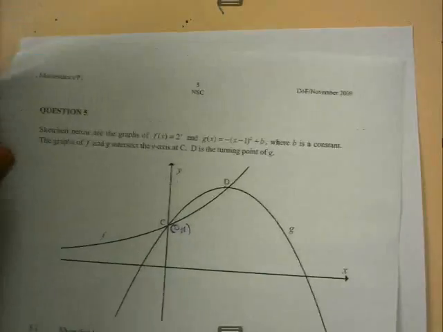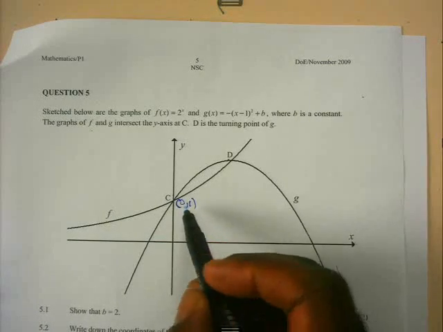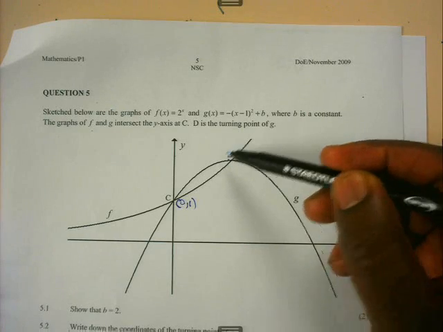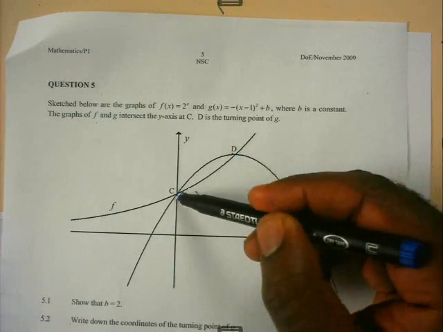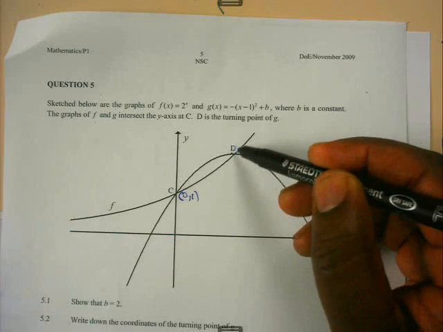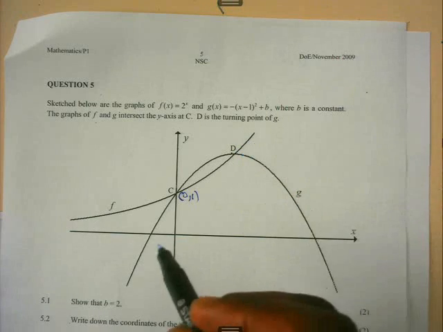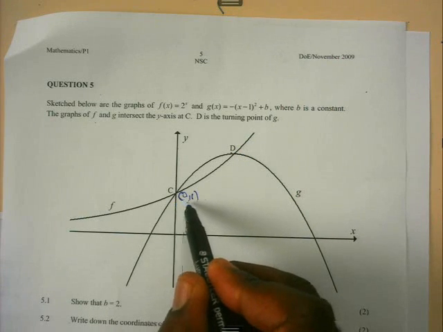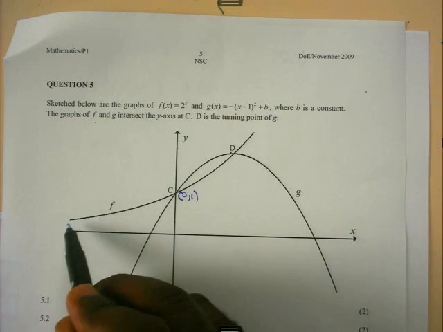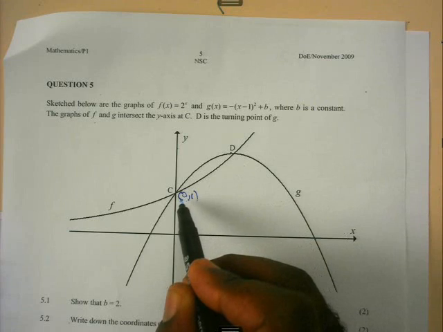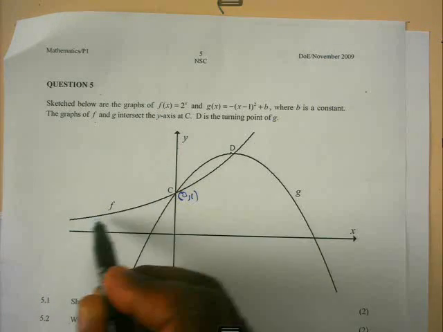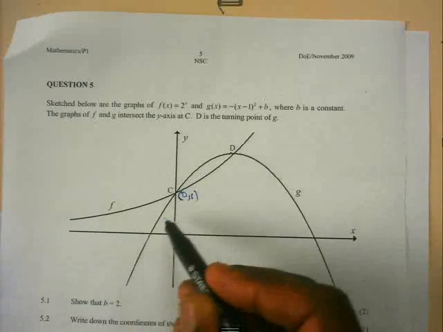At this point we have 2 points where both graphs intersect, point D and point C. It was going to be difficult for us to determine the coordinates of point D, but it was always going to be very easy to determine the coordinates of point C, because the y coordinate becomes y since this graph is an exponential graph.